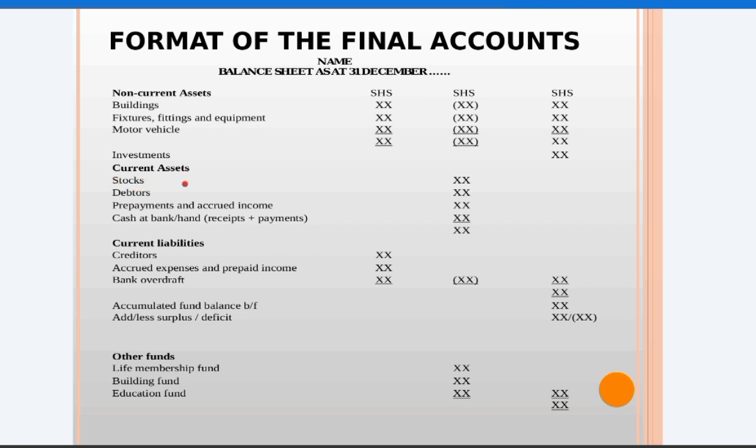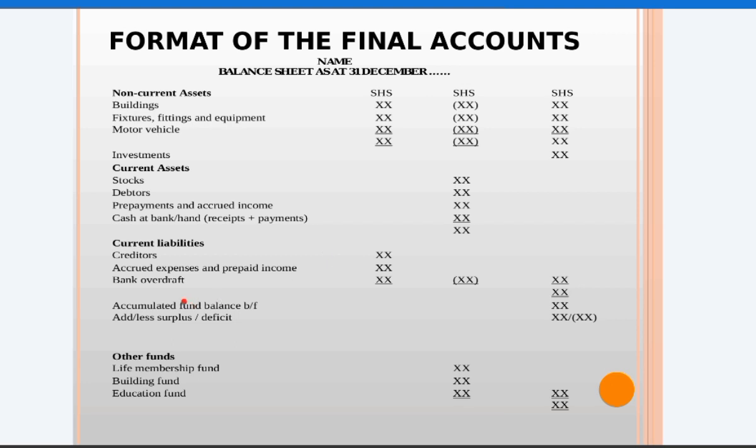Of course, we have the stocks if the business has a trading segment and etc. Then you present the current liabilities. So the current liabilities will be deducted from the current assets so that you can determine whether you have a net current asset or a net current liability.